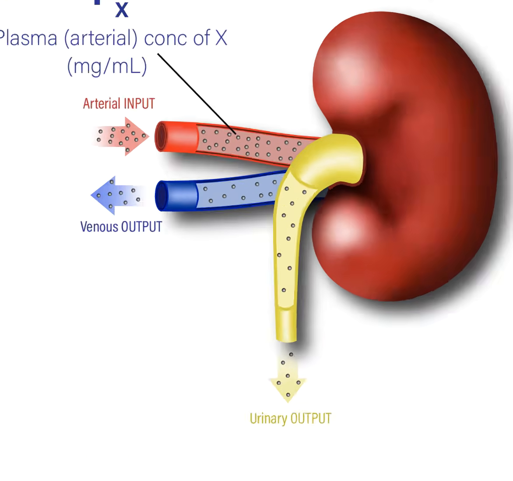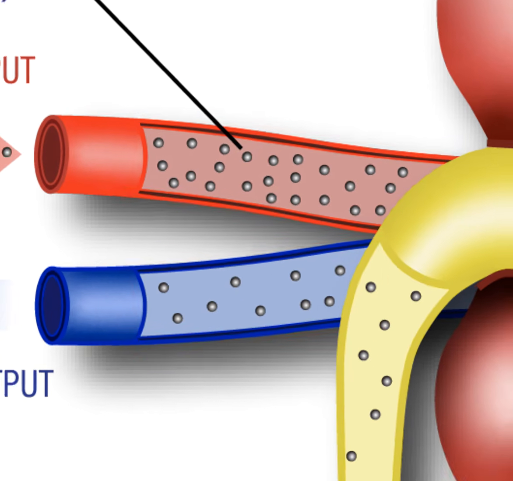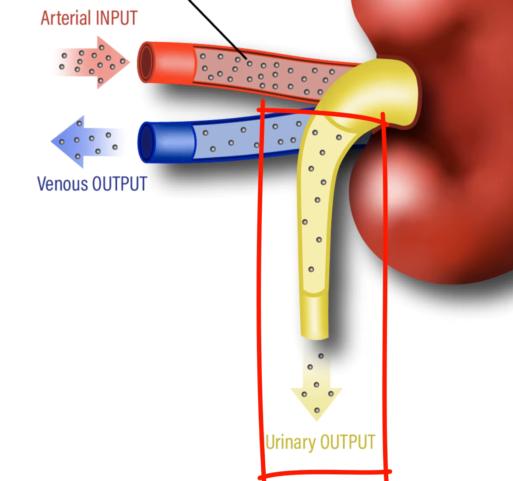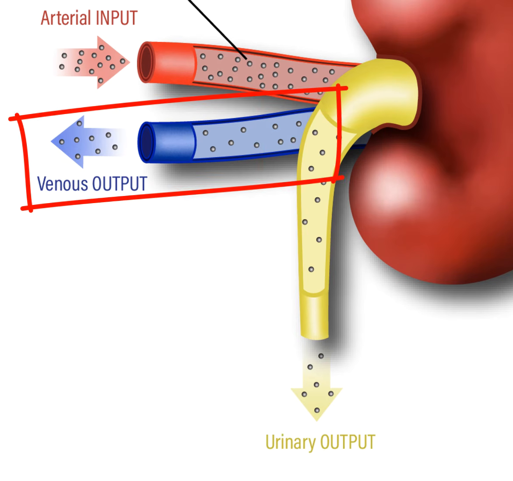You can imagine that the concentration of X in the renal vein is less than the concentration of X in the renal artery. This is because some of the substance entering the kidneys has been excreted into the ureter, thereby diluting the amount of X that's returning to circulation through the renal vein.